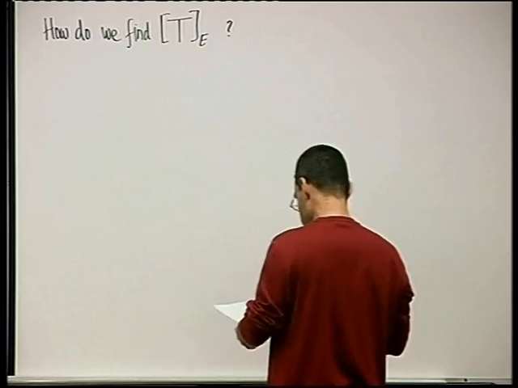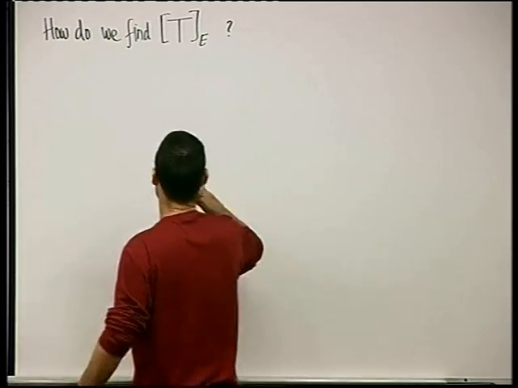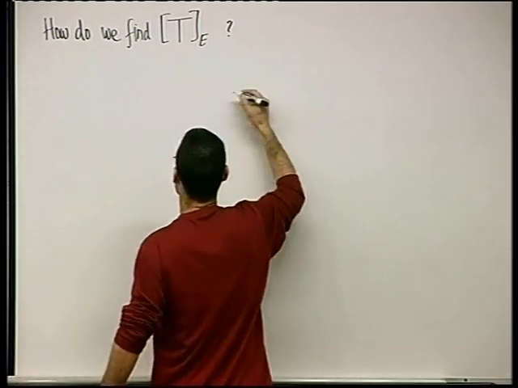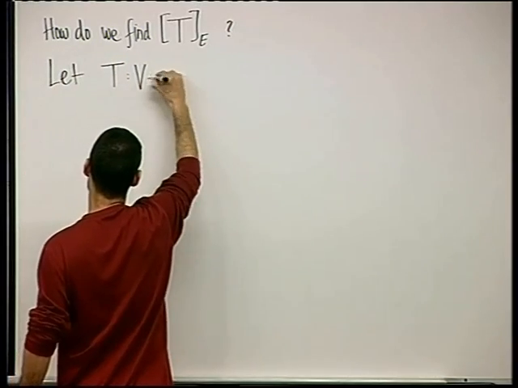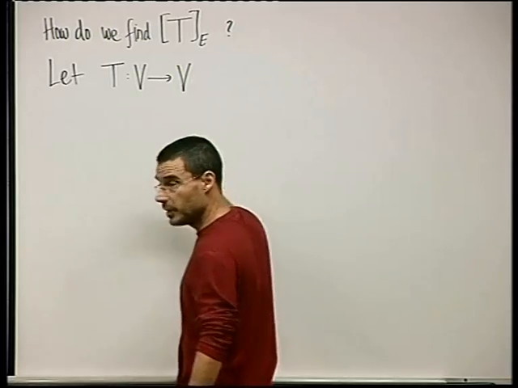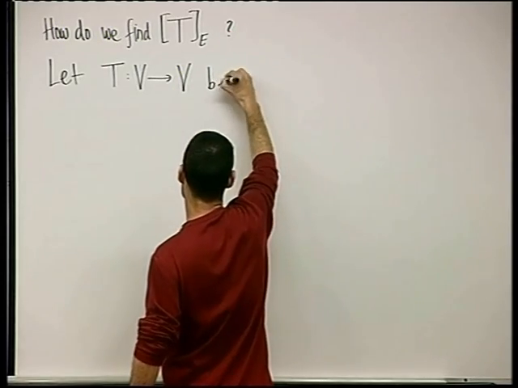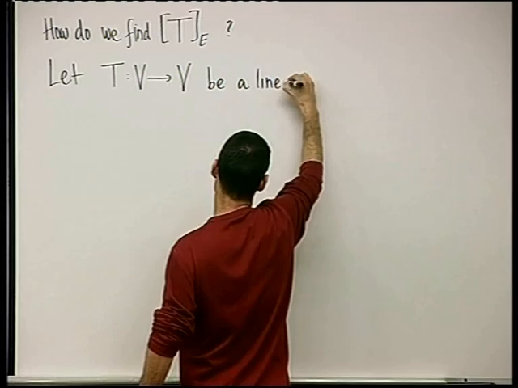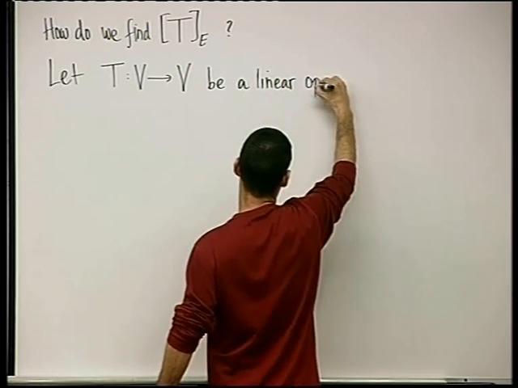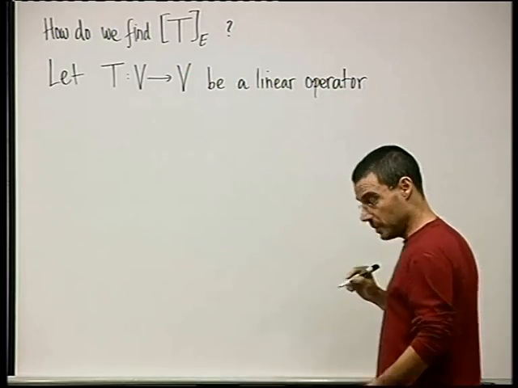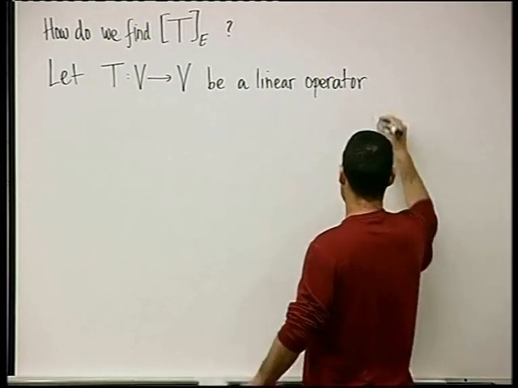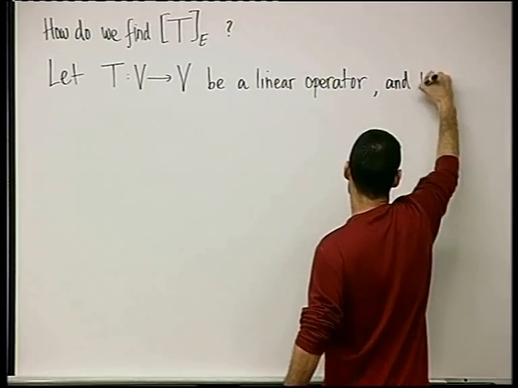So the answer is, in general, let T from V to V, again we're thinking still of a linear operator, a linear map from a space to itself, be given.